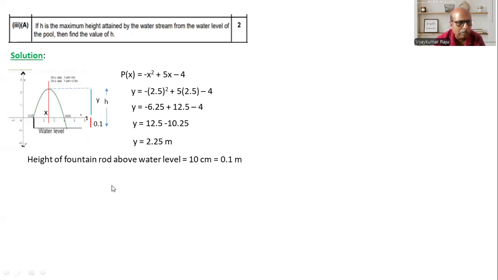Add these two. So the maximum height above the water level is 2.25 plus 0.1, that is 2.35 meters. From here to the maximum height, this total height is 2.35 meters.